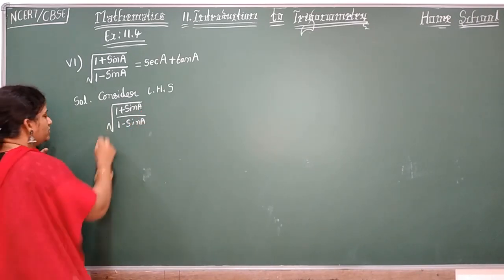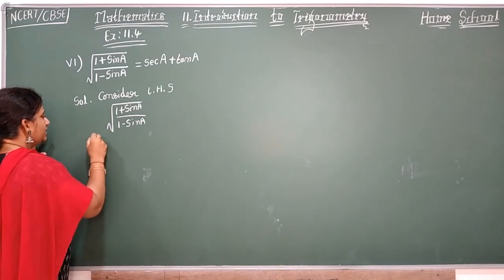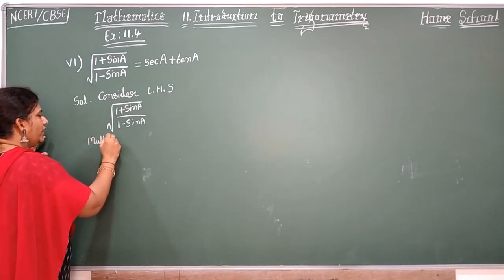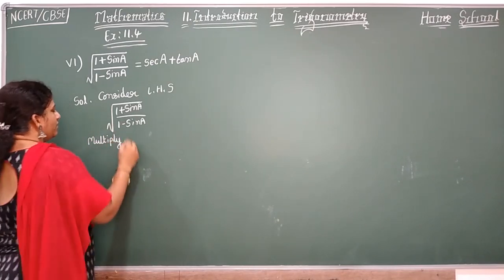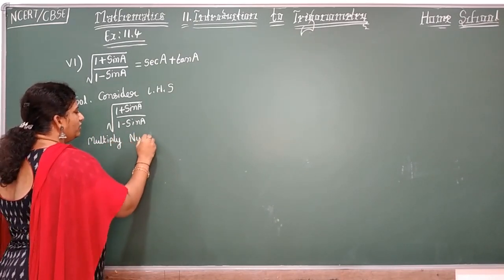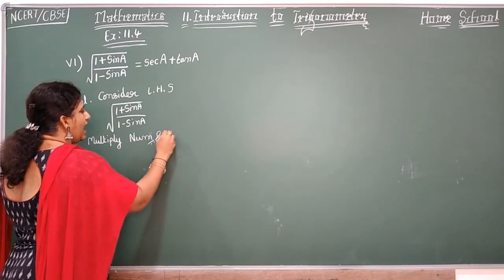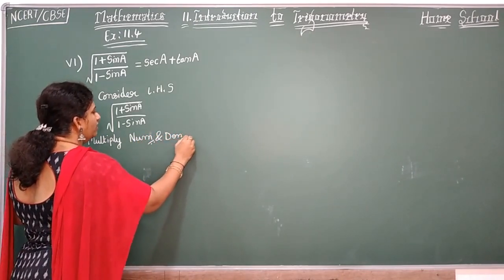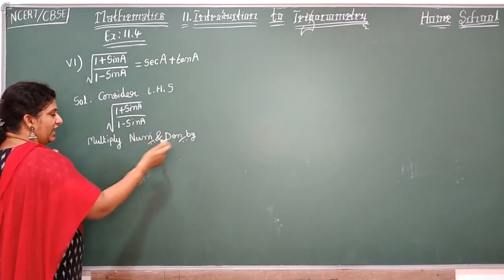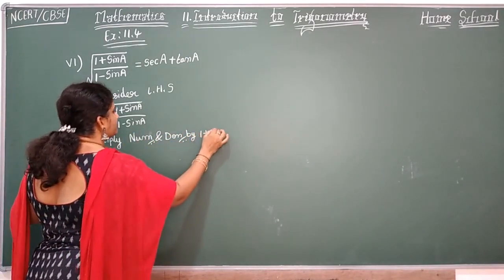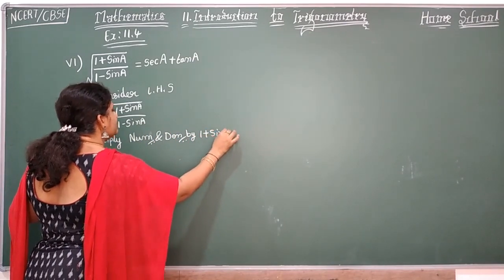Okay. So write here: multiply numerator and denominator by what? By the conjugate of 1 minus sin A, that is 1 plus sin A.